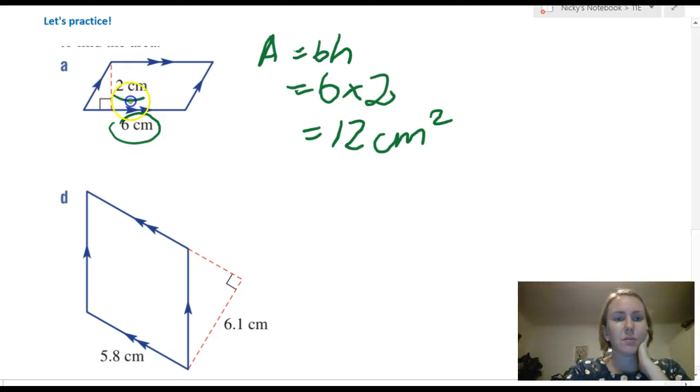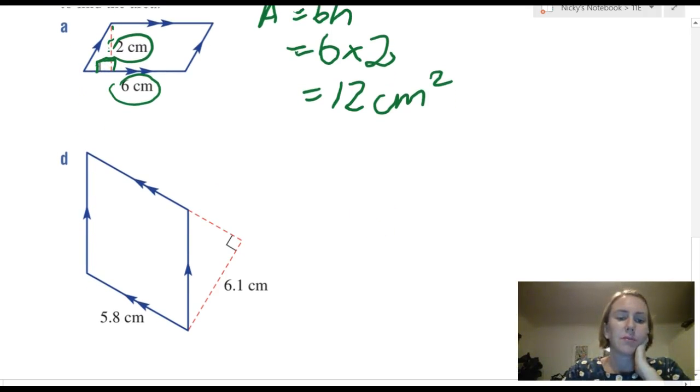That was an example of our height being inside our parallelogram, perpendicular to our base. And here's an example where the perpendicular height is outside our parallelogram, but still clearly marked by the right angle that is at right angles to the base there as well.